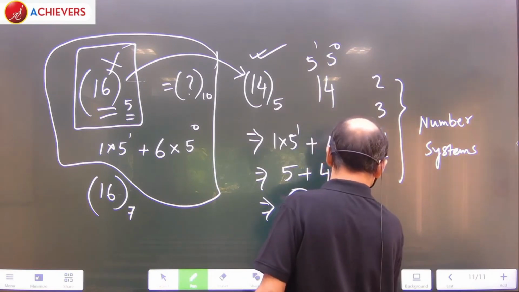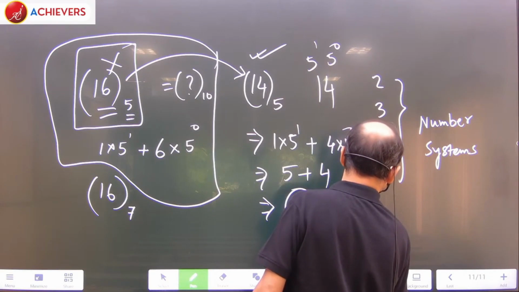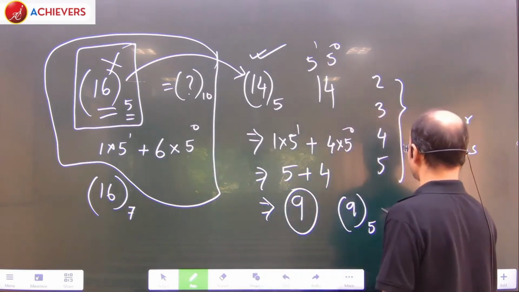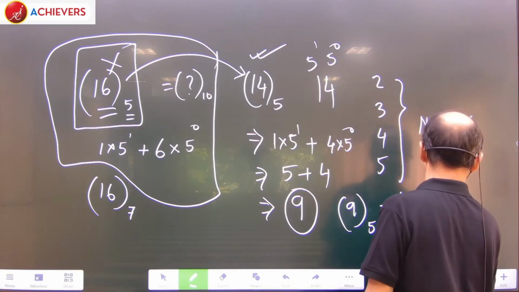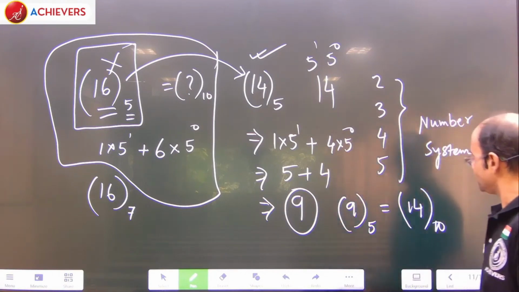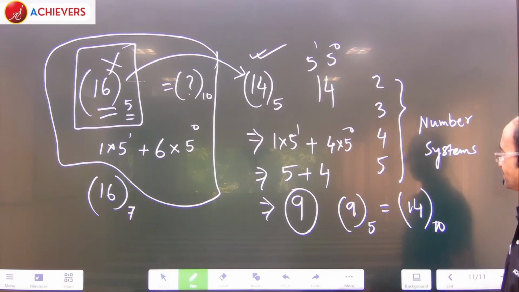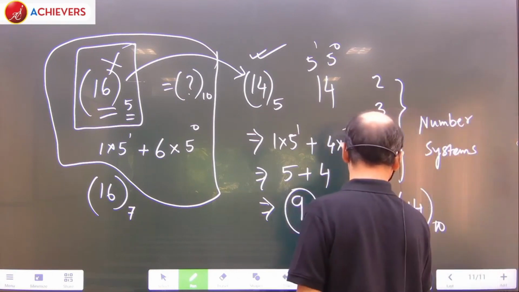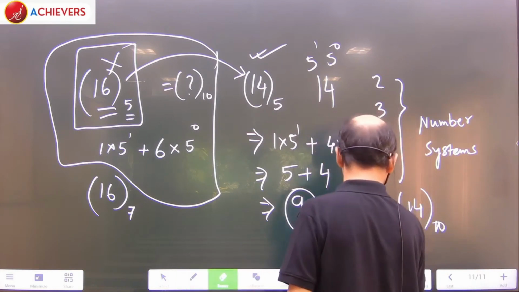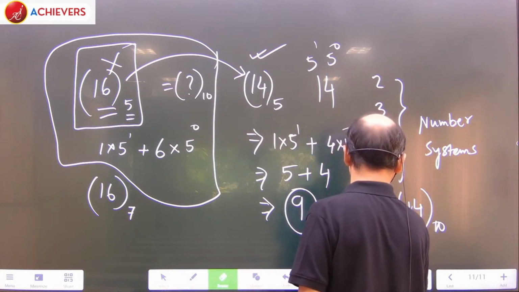So 14 base 5 is the equivalent of 9 base 10. Is it clear? 9 base 10, I'm sorry. So this is 9 base 10.